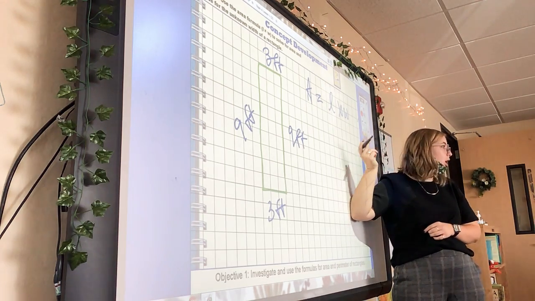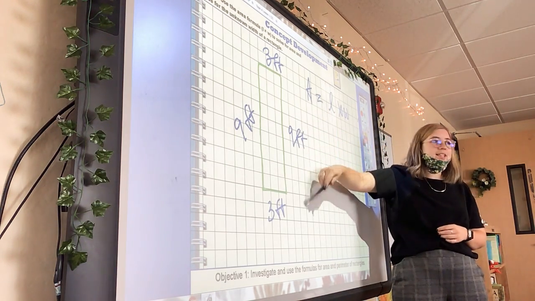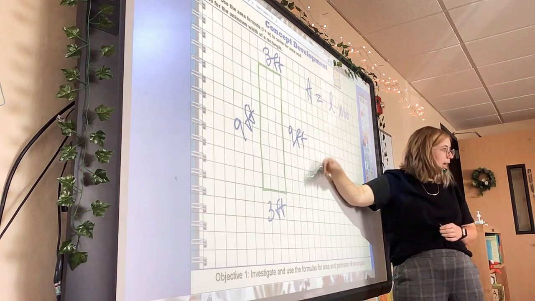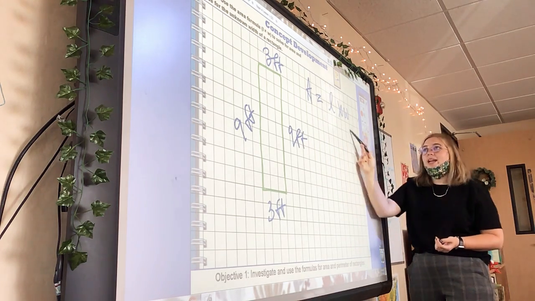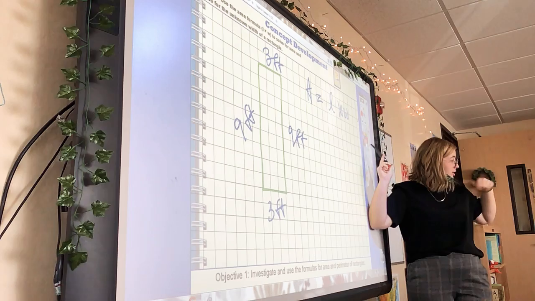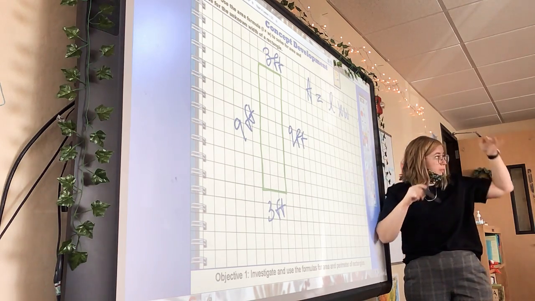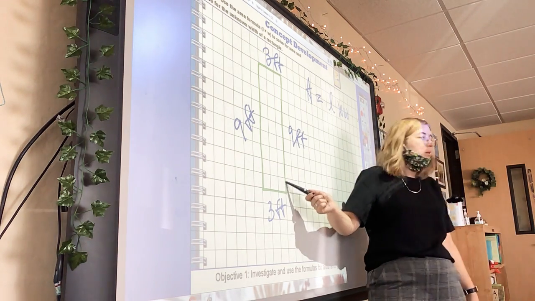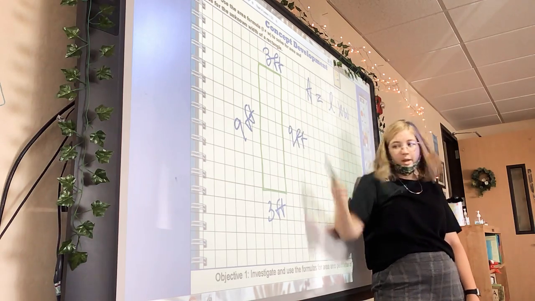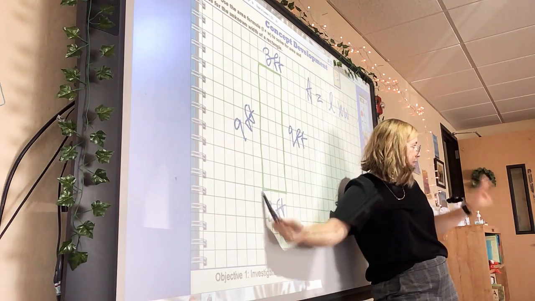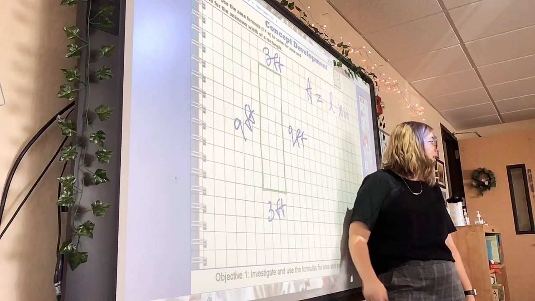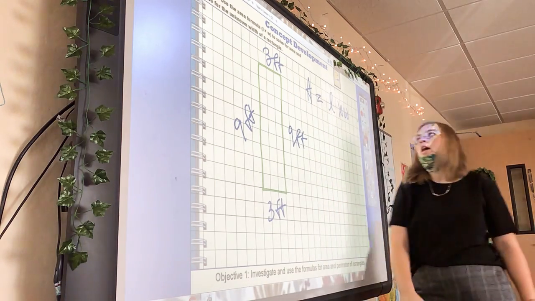It won't always be, but I like to think of length as the long one, so 9 feet. Width is the other one, the other part of the rectangle. So Kendall, look at me. Length times width. That's what W is.